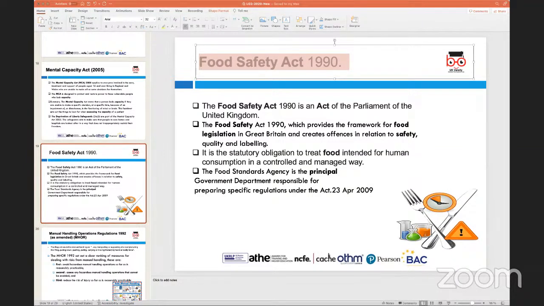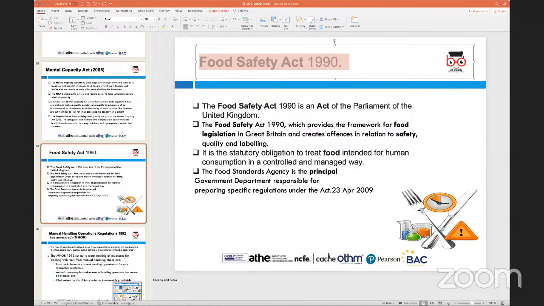And this law provides the framework for all food-related legislation in our country. So it sets out responsibilities for food businesses, operators, and local authorities, and it establishes a range of offenses which could be related to when production, supply, or sale of food is done, or, in this case, the provision of food services within the National Health Service.